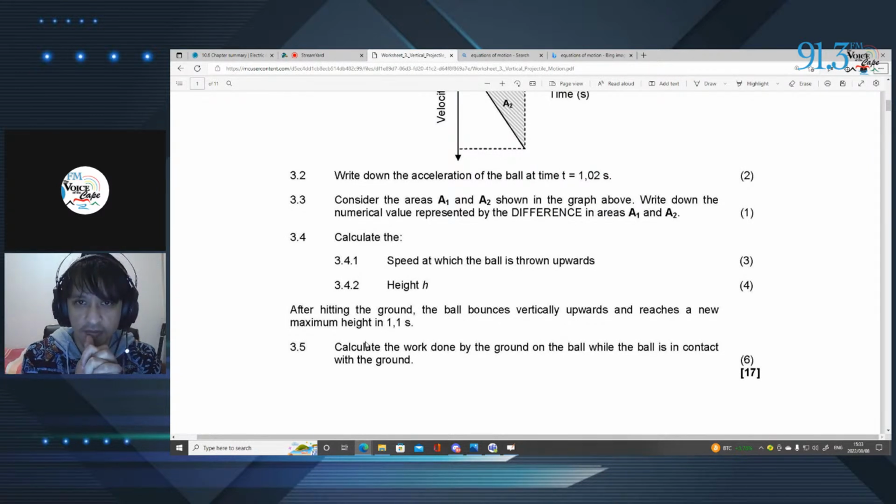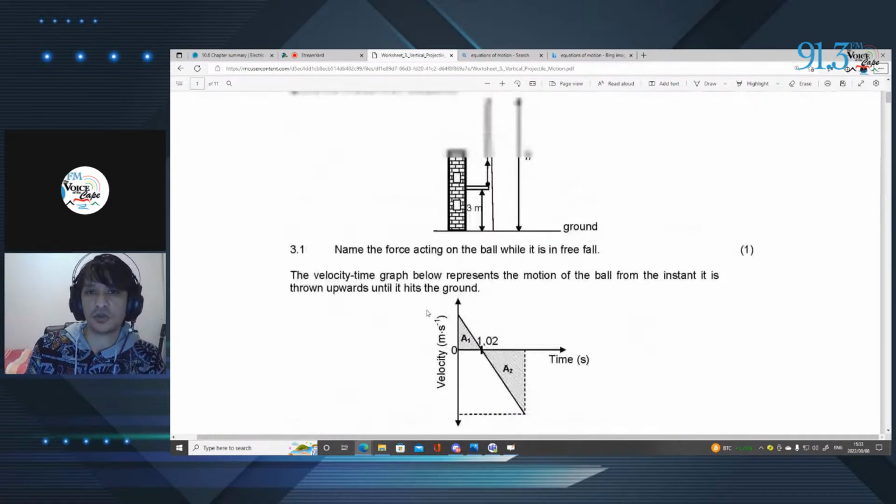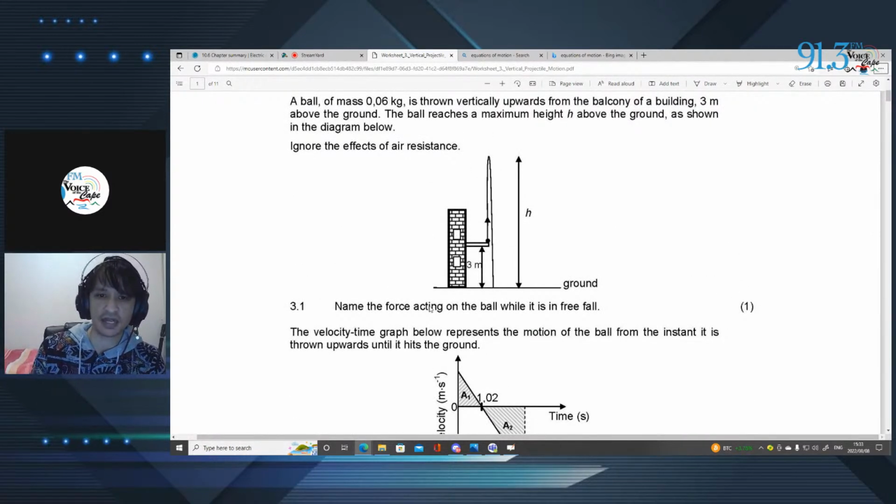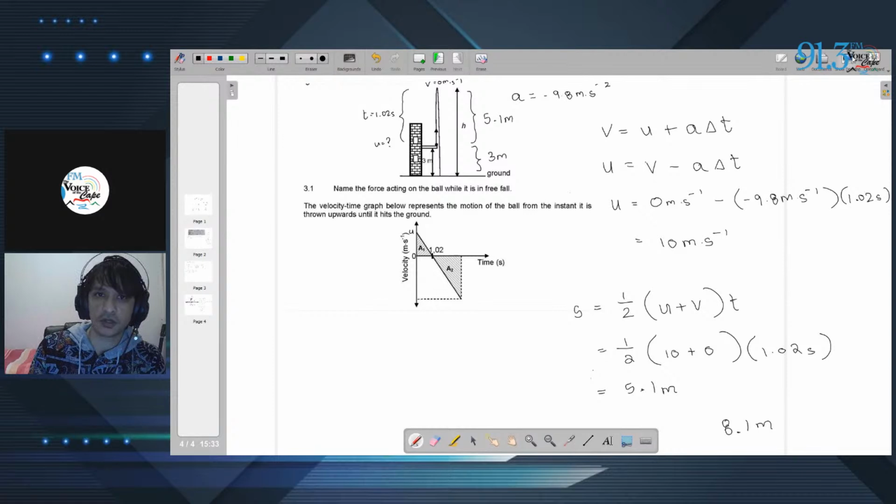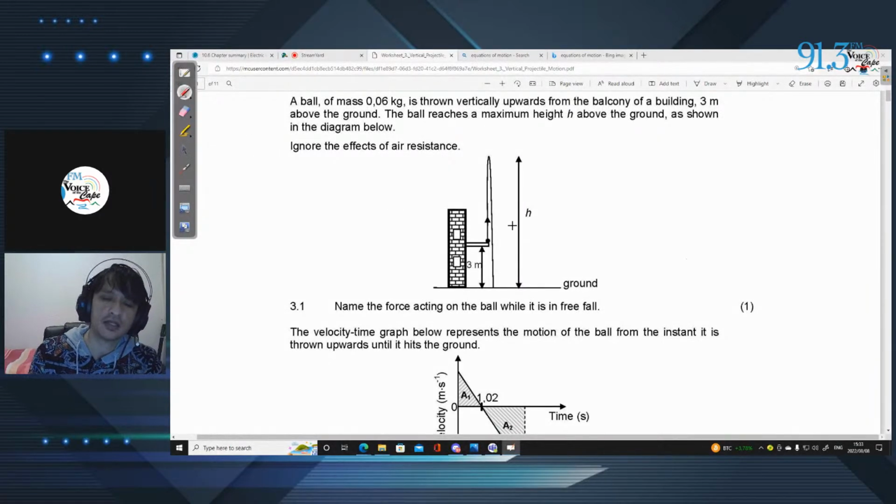ground. So what they're essentially telling us, if we look at this image, is that the ball comes down, hits the ground, and it hits the ground so hard that it bounces up again and reaches a new maximum height.